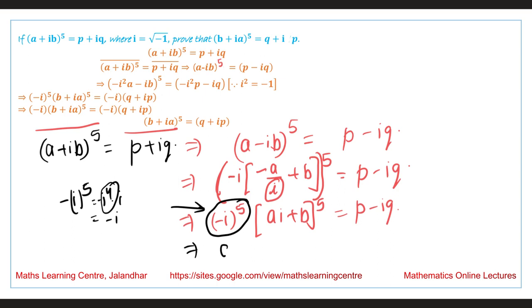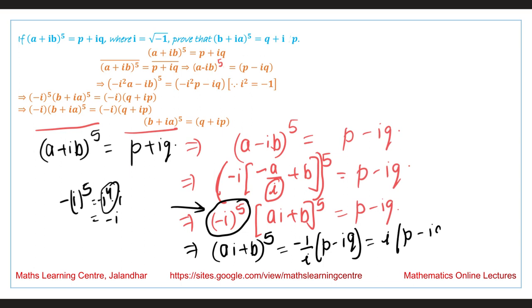So this implies that (aι + b)^5, multiplying this term over here, we get −1/ι into (p − ιq). So this is equal to ι into (p − ιq). So this is equal to pι + q, because again ι² is equal to −1, so this minus sign will become plus.